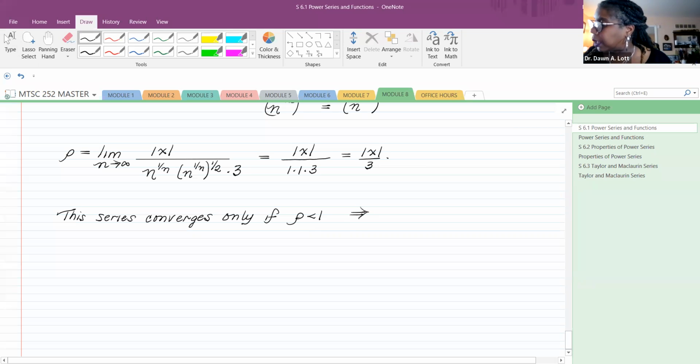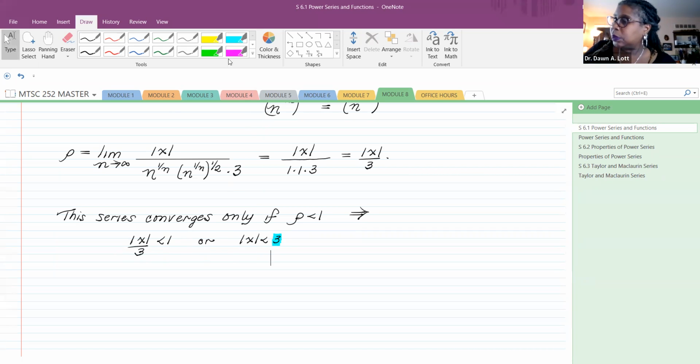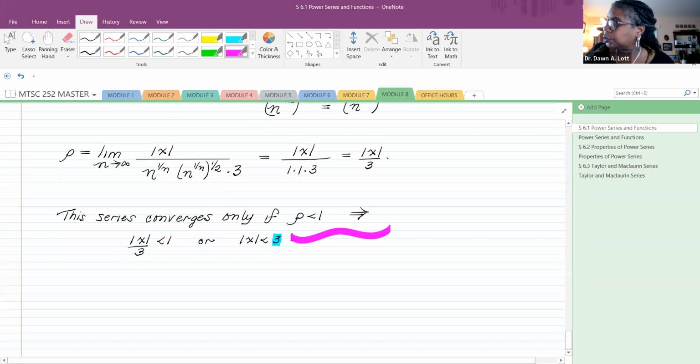That implies that the absolute value of x over 3 is less than 1, or the absolute value of x is less than 3. Well, there we have it, the radius of convergence.